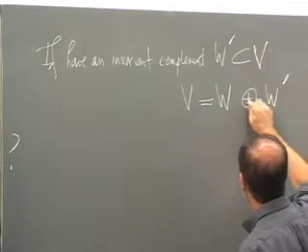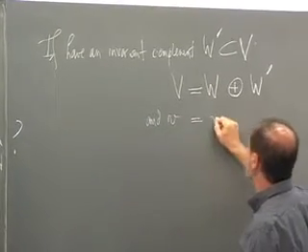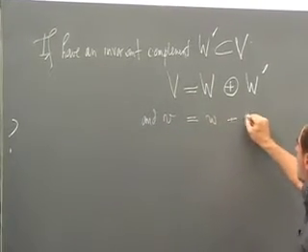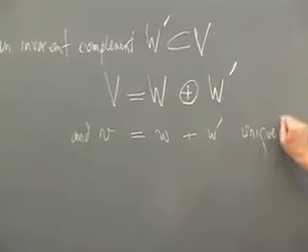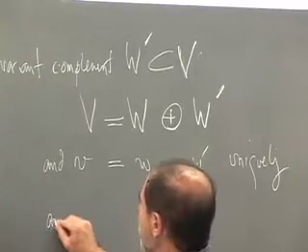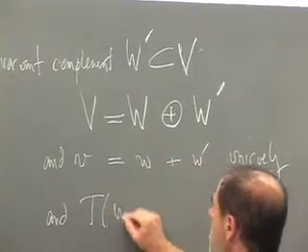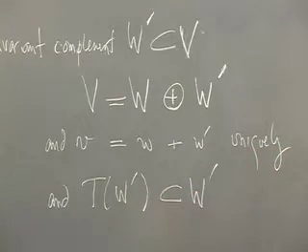So you get 2 subspaces, and any vector is uniquely of the form a vector in W plus a vector in W prime. And T of W prime is contained in W prime. Namely, it's another invariant subspace.